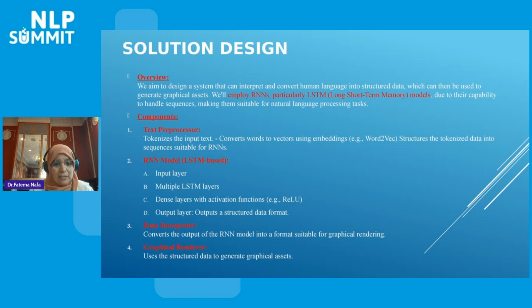We have layers that can be used as input layer, multiple layers, dense layer, and output layer, where the activation function used here is the ReLU function. And then the third step is the conversion of the output, which will convert the text for graphical rendering, and then the graphical representation, which is the final format, which is the image.